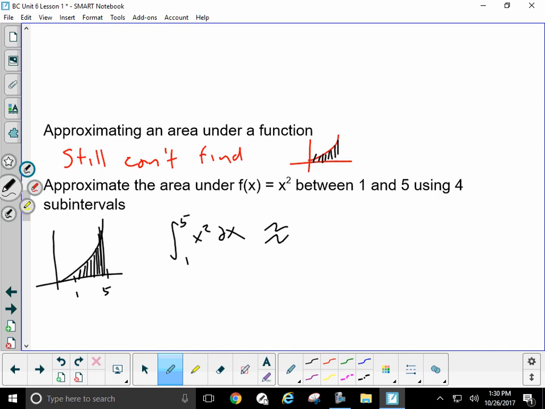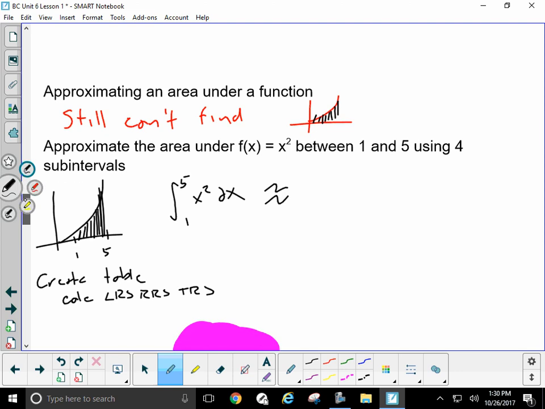Best thing to do is to create a table. Just like we did when we did the first left, right, and trapezoidal Riemann sums. Best thing to do is probably provide an over and an under. If we want to calculate everything, we can calculate the left Riemann sum or right Riemann sum, trapezoidal Riemann sum, whatever. But let's see what my table would look like.